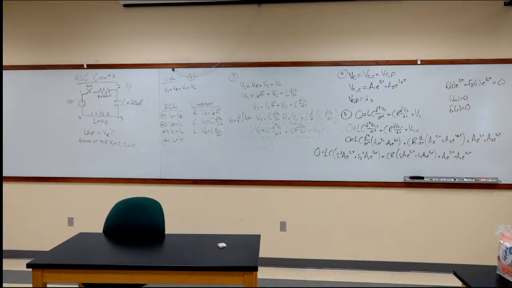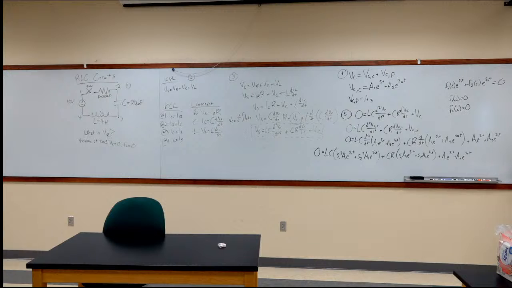And because of that, the only way this can be true is if either S1 equals S2, which creates a singularity in our solution method. We're not going to talk about that yet.